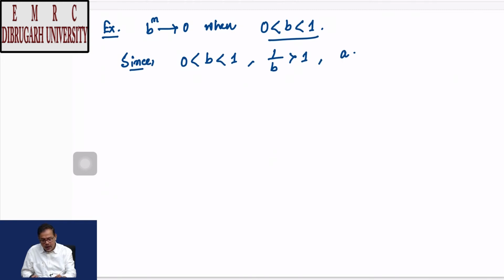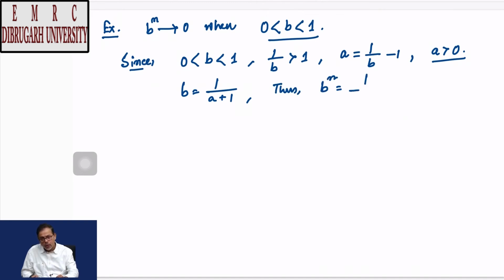Take a to be 1/b - 1. Then a is greater than 0. And b is 1/(a + 1). Thus, b to the power n is 1/(1 + a) to the power n.